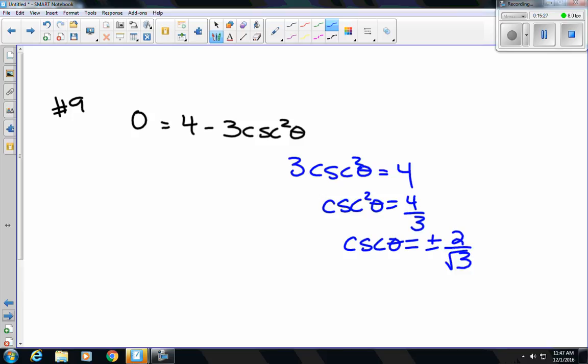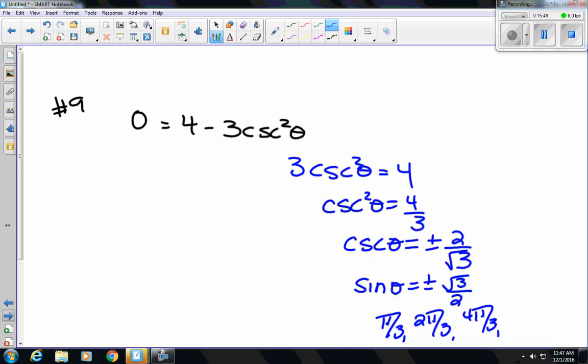I don't need to because what am I going to do? Flip it. So cosecant is the reciprocal of sine, and sine of theta would be plus or minus root 3 over 2. That's all. It's all the 60s. So call them out. Pi over 3, 2 pi over 3, 4 pi over 3, 5 pi over 3.